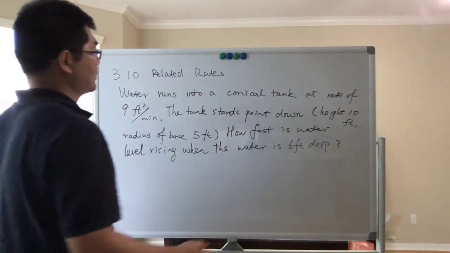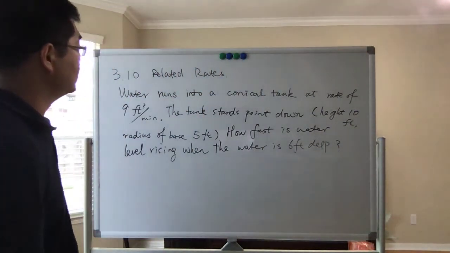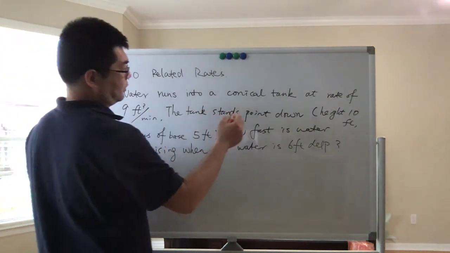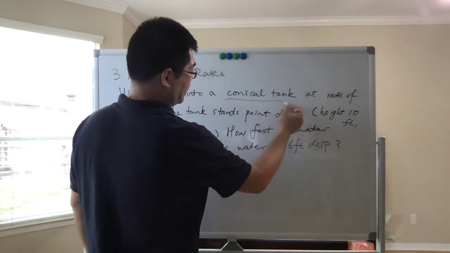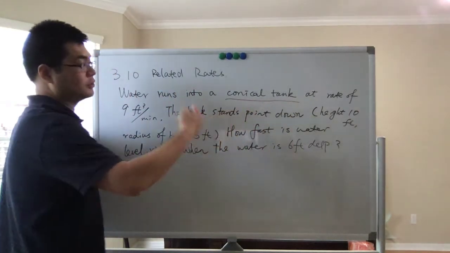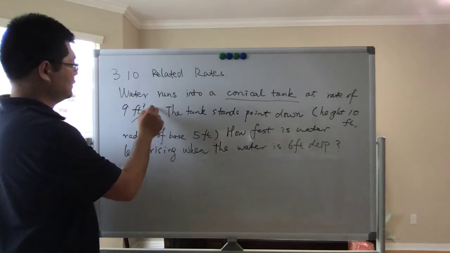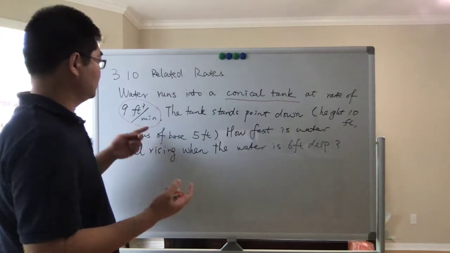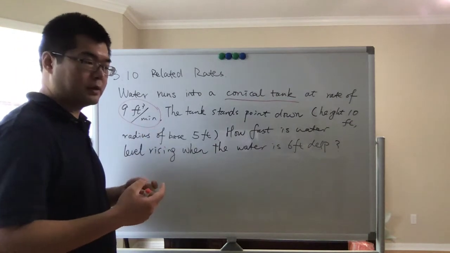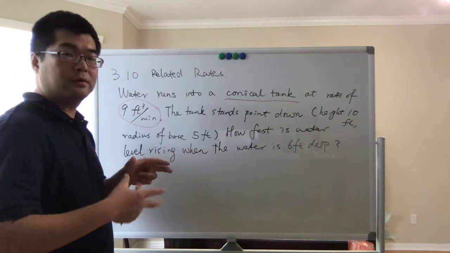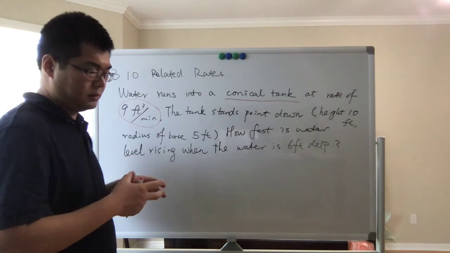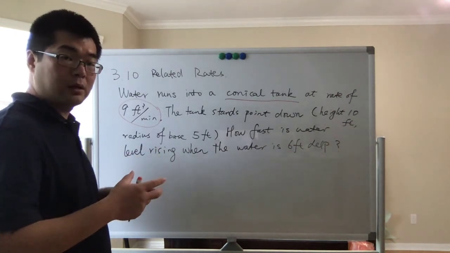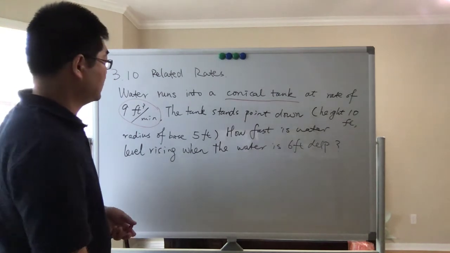Before we move on, let's first of all see that you have water pouring into a conical tank, so that gives us the shape of the tank. It's also at the rate of 9, and you can think about it, guys, this stands for the rate of change of the volume of the water with respect to time.